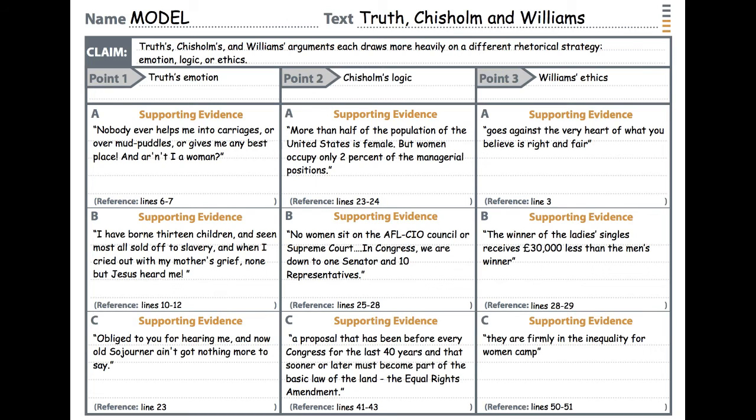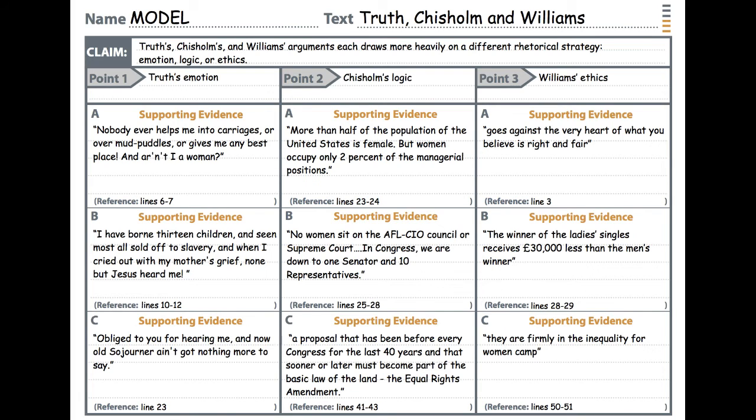The next piece of evidence is: the winner of the ladies' singles receives $30,000 less than the men's winner. So this is another ethical point, and it's also logical at the same time. It's stating a fact like we looked at in the other evidences, but it's also ethical because it's asking both herself and the reader, do they think that this is a fair system to allow this to happen?